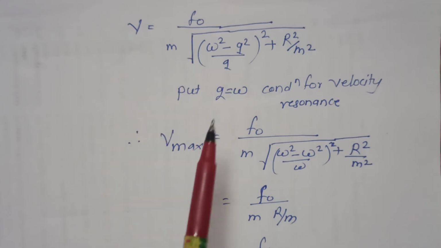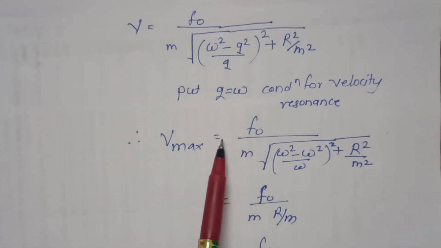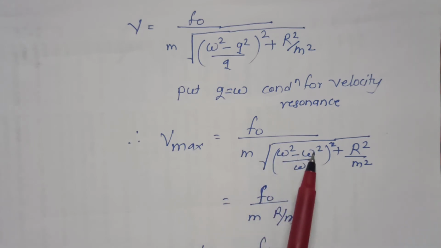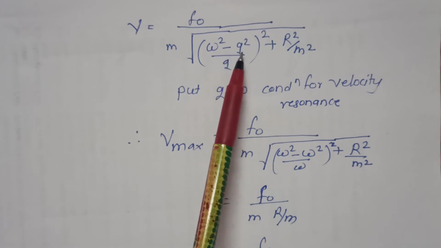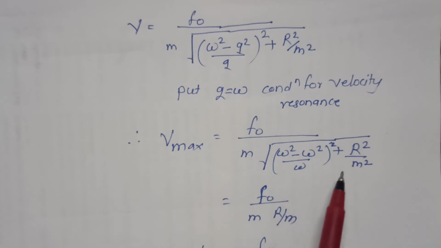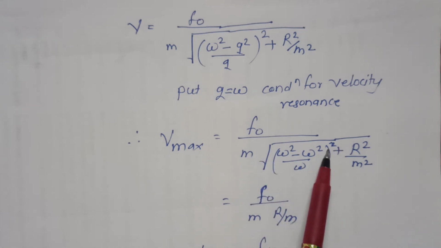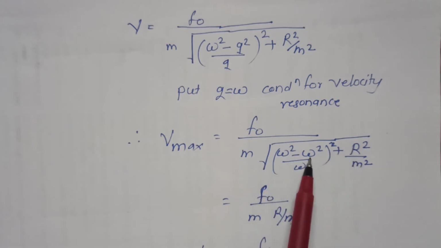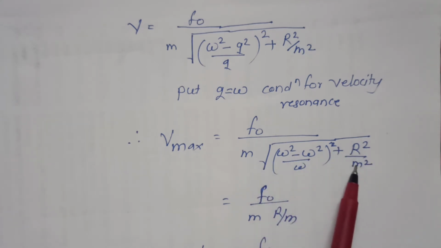This is the condition for velocity resonance. Then V max is equal to f0 by m square root of [(omega square minus omega square) upon omega] whole square plus r square upon m square, where we put q is equal to omega at velocity resonance. The value of omega square minus omega square is 0, so V max is f0 by m times the square root of 0 plus r square upon m square.